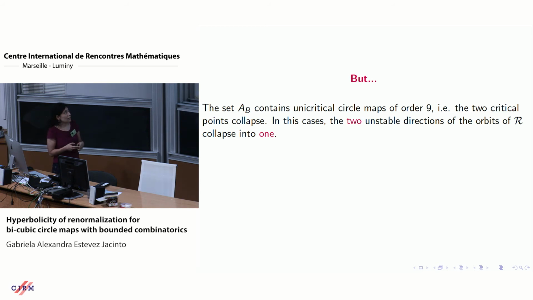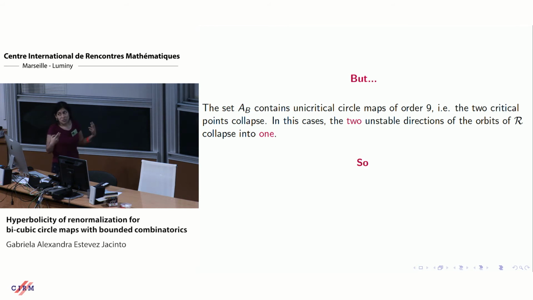When we have only one critical point of order 9, the two unstable directions of the orbits will collapse into one, because this is the result for one critical point. I say that this is true for criticality 3, but in fact it is more general. So for order 9 it is also true. So the two unstable directions will be only one.